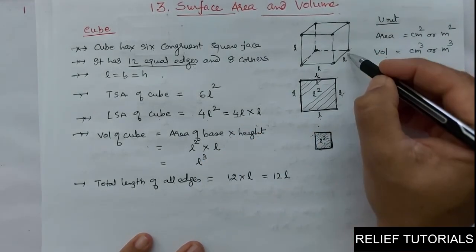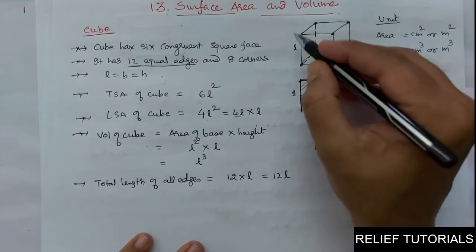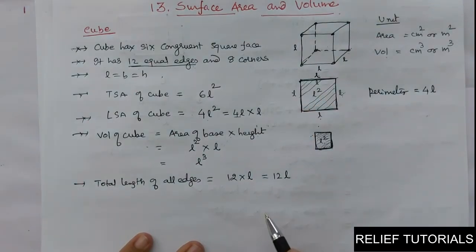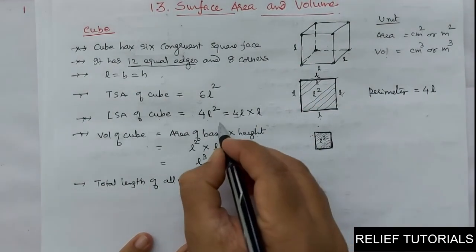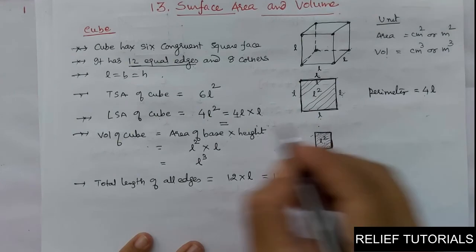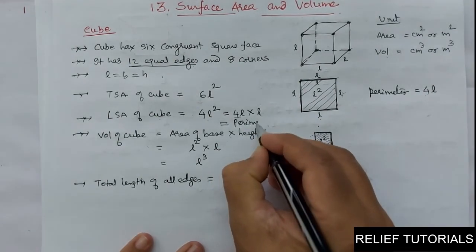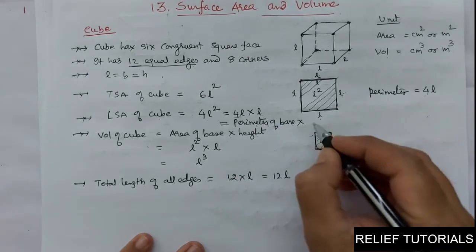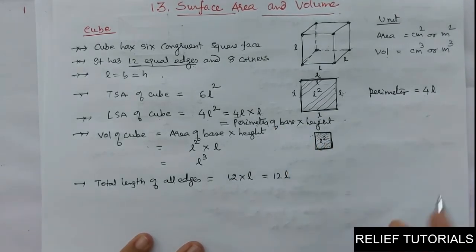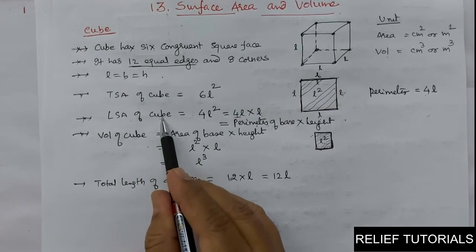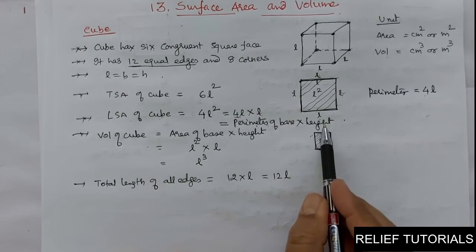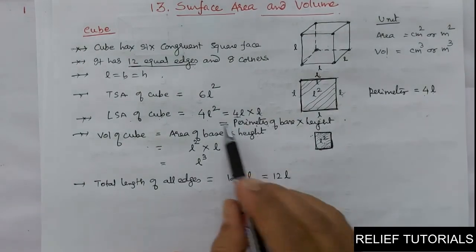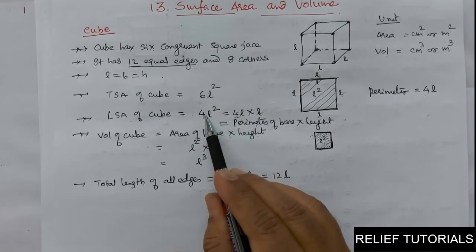Because the height of a cube is L, since it is a square. So 4L into L. What do you mean by this 4L? 4L is nothing but the perimeter. So perimeter of base into L, and L is nothing but the height. So the lateral surface area of a cube is also perimeter of base into height. And cube means square, so the perimeter is 4L into height L. So 4L into L, that is 4L squared.